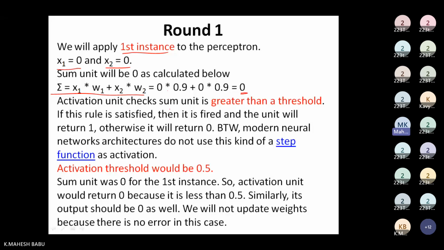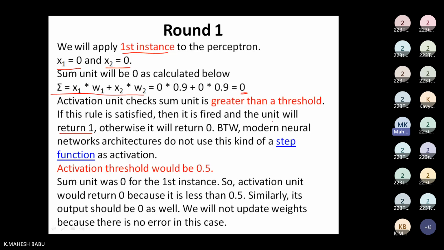The activation unit checks whether the sum is greater than the threshold. If this rule is satisfied, the unit returns 1, or the neuron is fired as 1.